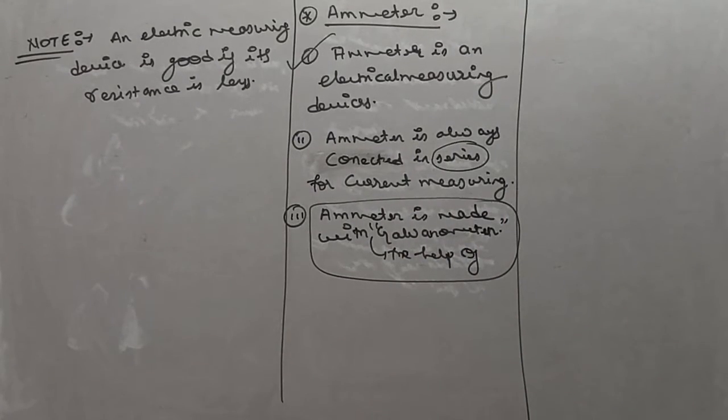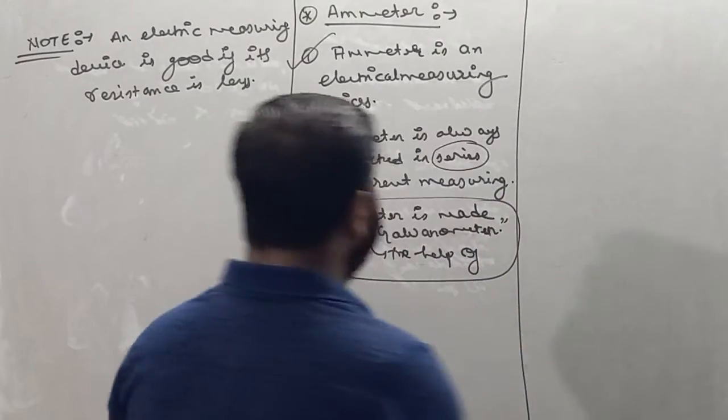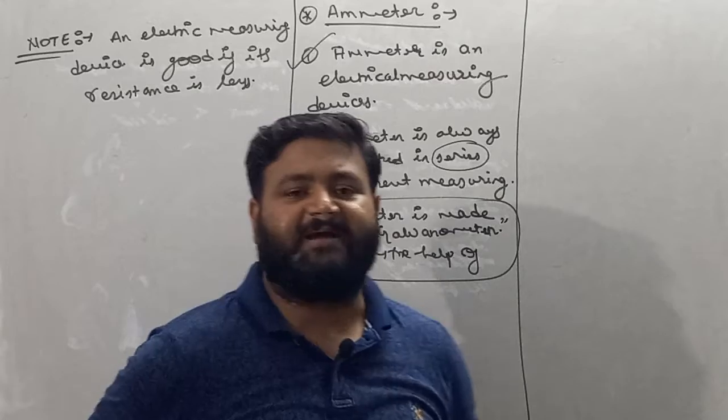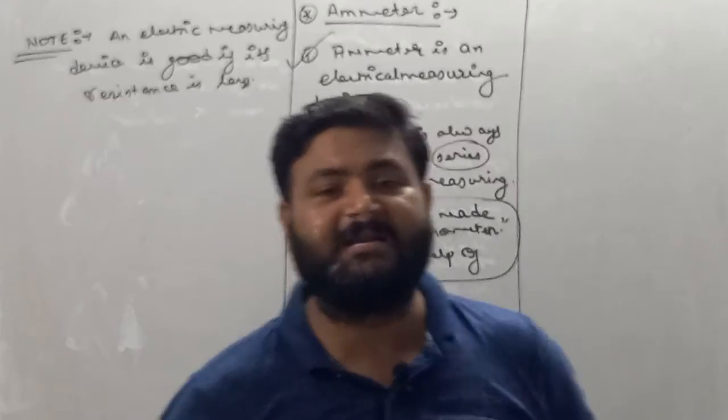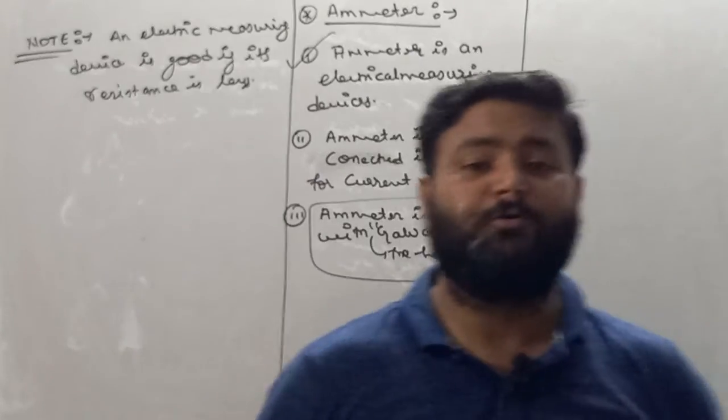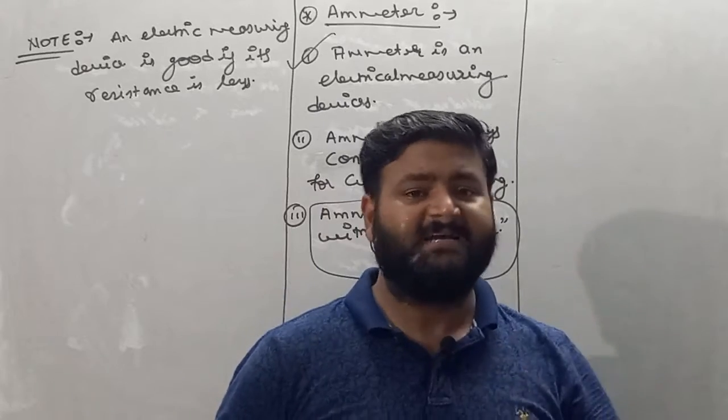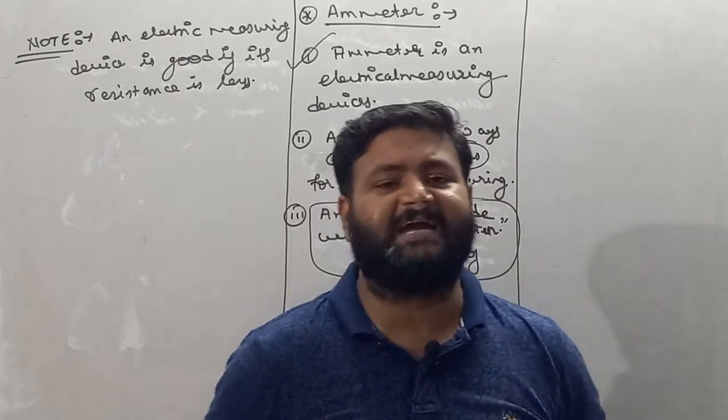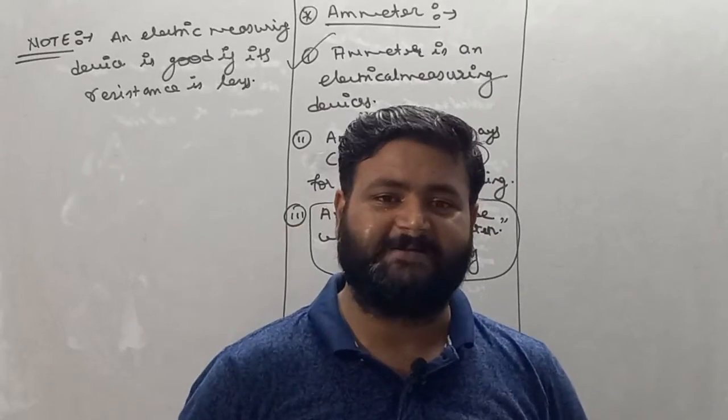If we have a device which is an electrical measuring device, a good electrical measuring device is one whose resistance is less. Every electrical device carries some resistance, my dear student.